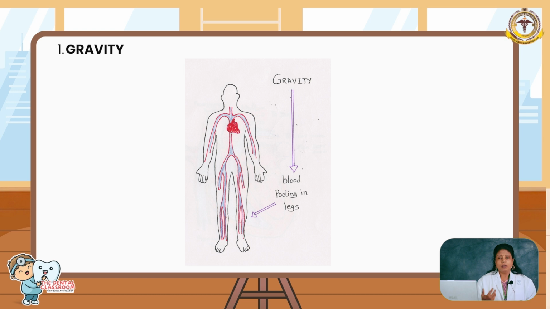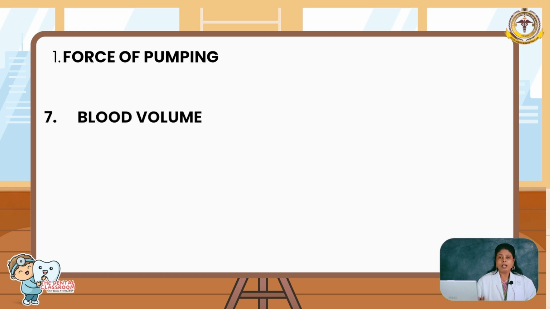When our vascular system is very active and forcefully pumping the blood, then the cardiac output also will be increased. Last one is the blood volume. The cardiac output ultimately depends on the blood volume. If the blood volume is normal, the cardiac output will be normal. If blood volume decreases due to various reasons like dehydration or blood loss, cardiac output will decrease.